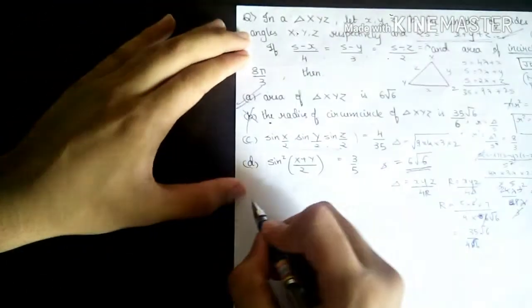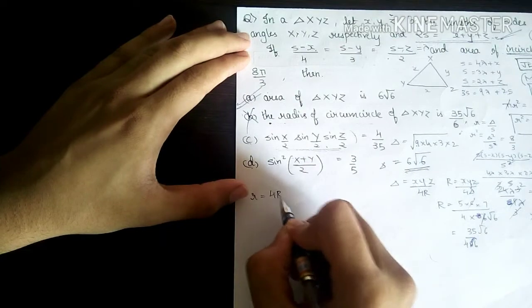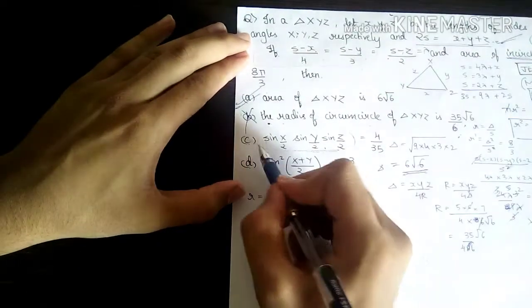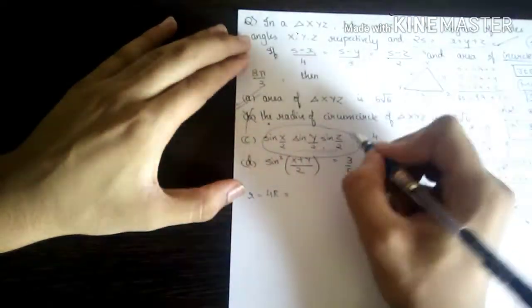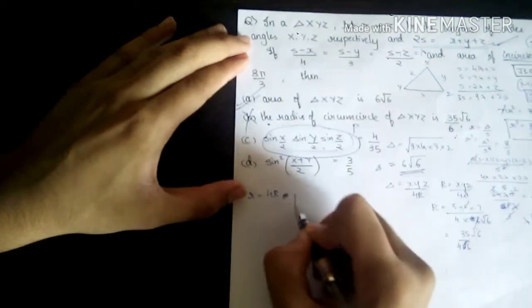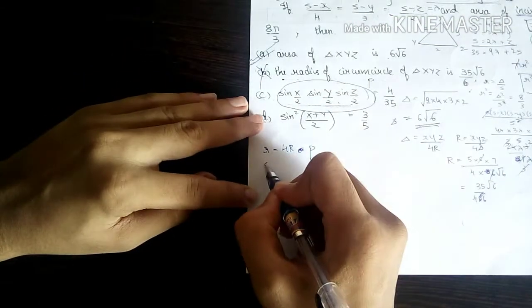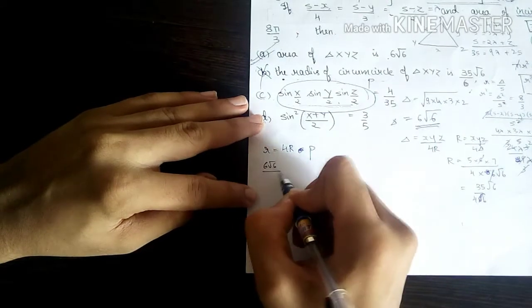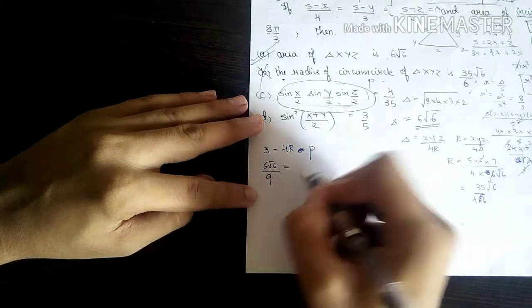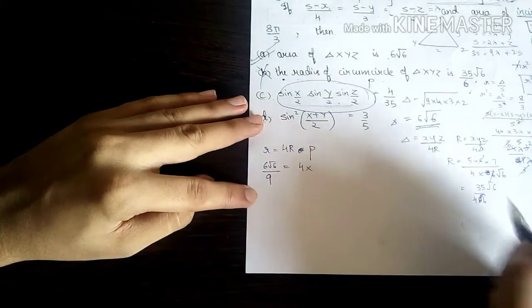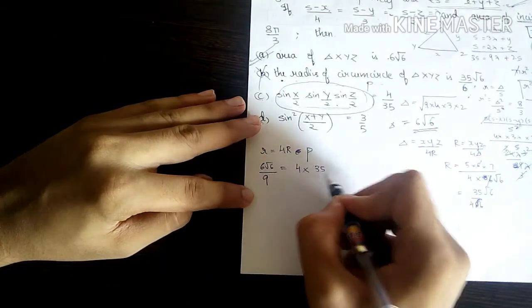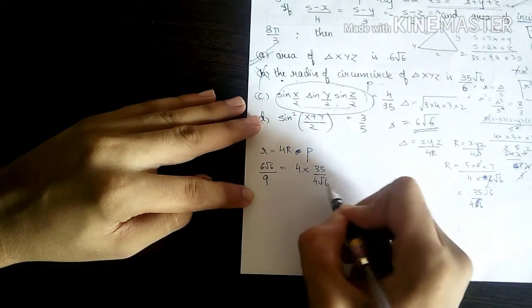So let's check about this. We already know that small r is equal to 4R times sine. For the sake of simplicity, I'll just take this part as some p. So 4R times p, right? So what is small r? Delta by s. Delta is 6 root 6 divided by s, that is 9, is equal to 4R times p. R was 35 by 4 root 6.